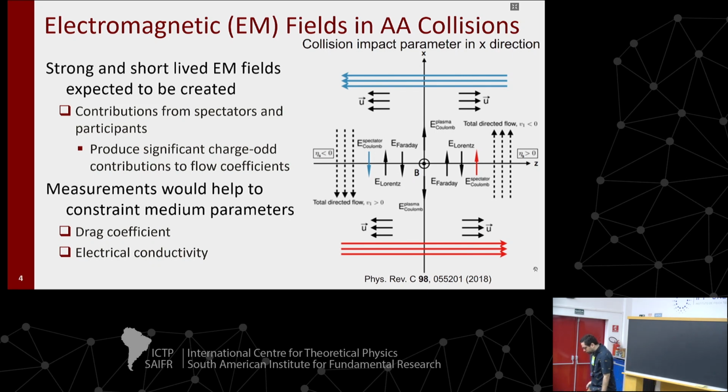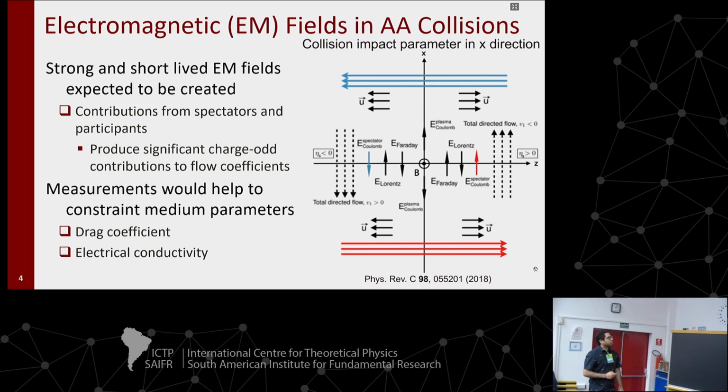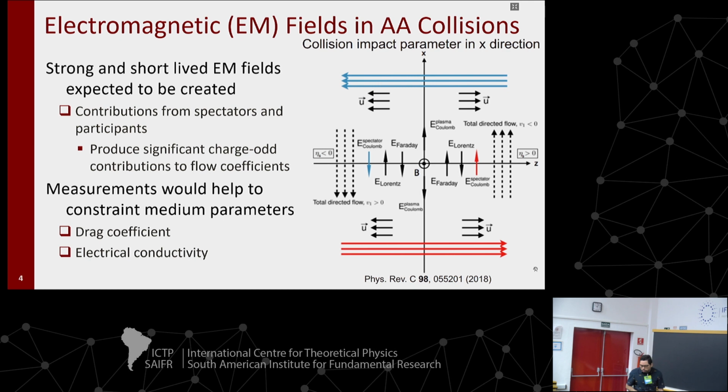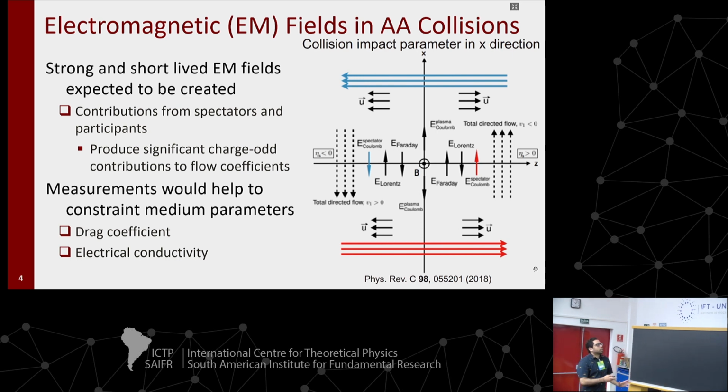In heavy ion collisions, we also expect the creation of very strong electromagnetic fields. On this plot, from this paper, it is not a full magnetohydrodynamics calculation, but they introduce the magnetic fields in a perturbative way based on the background of the hydrodynamics evolution. To form a magnetic field, you have several components, mostly from the spectators, the nucleons that don't participate in the collisions.